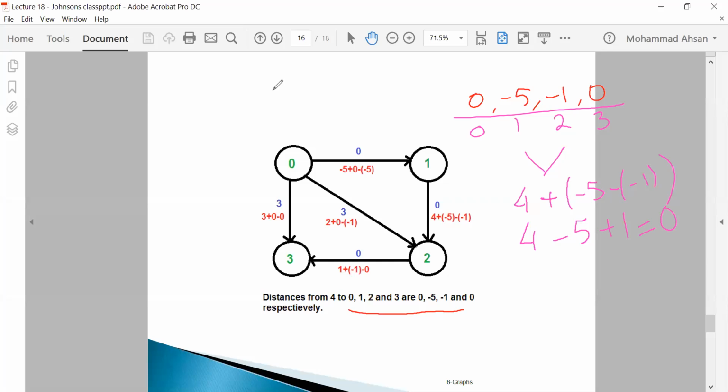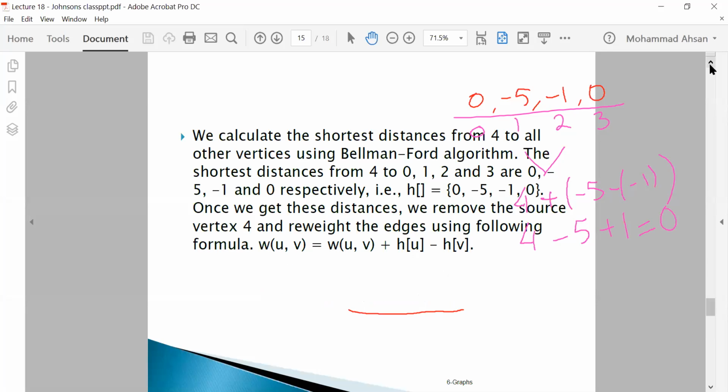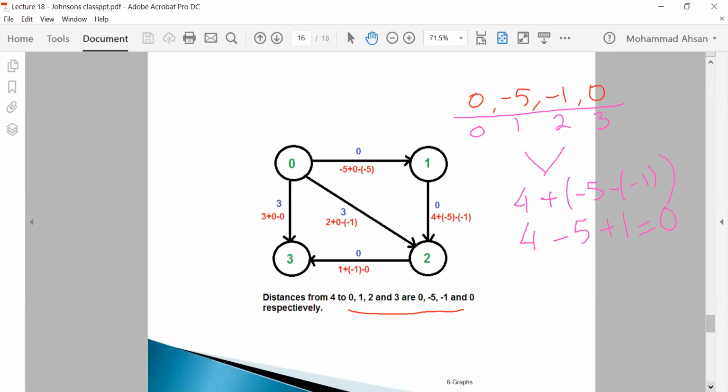Let's go back and see. Oh, sorry, it is HU minus HV, not HV minus HU. So it is HU minus HV, the distance, not HV minus HU.